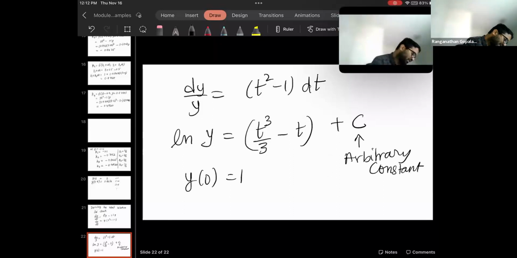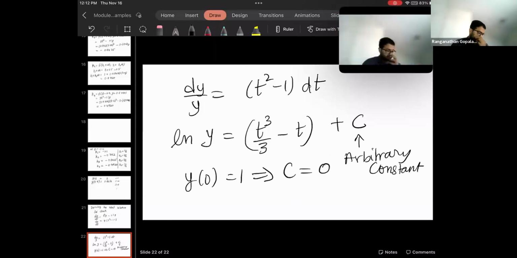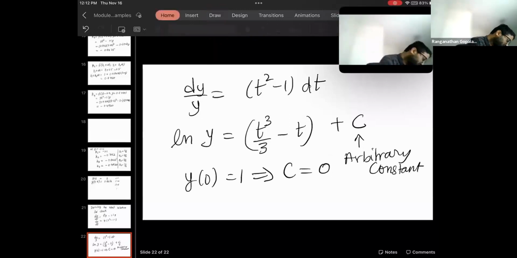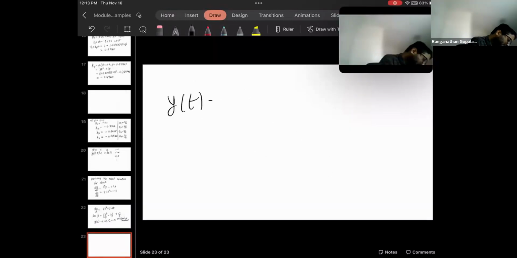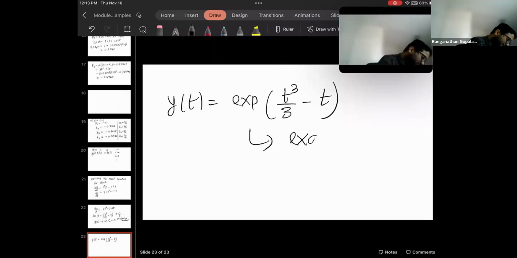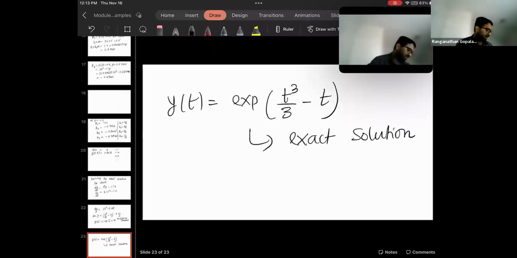So this implies c is 0. So that's easy. Constant happens to be 0, which means y of t is nothing but exponent of t cubed over 3 minus t. That is the exact solution, which is not hard to punch in and generate values.